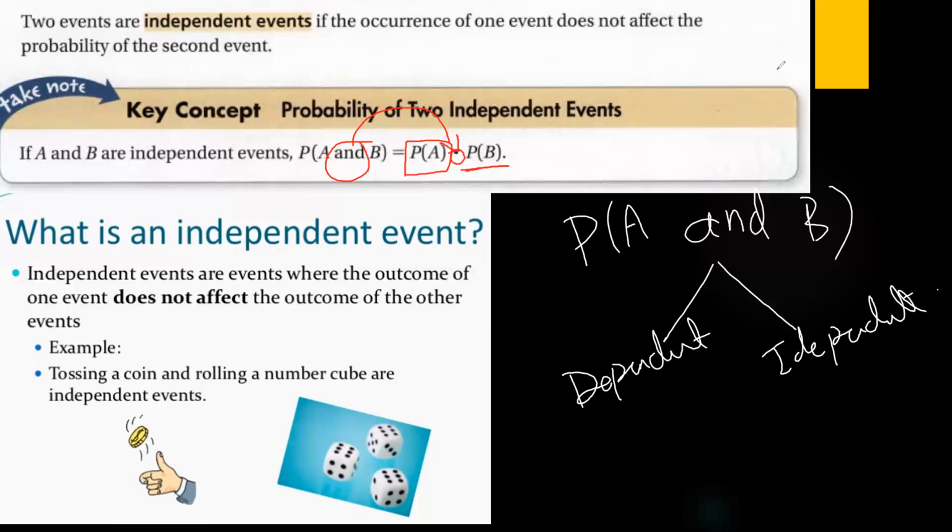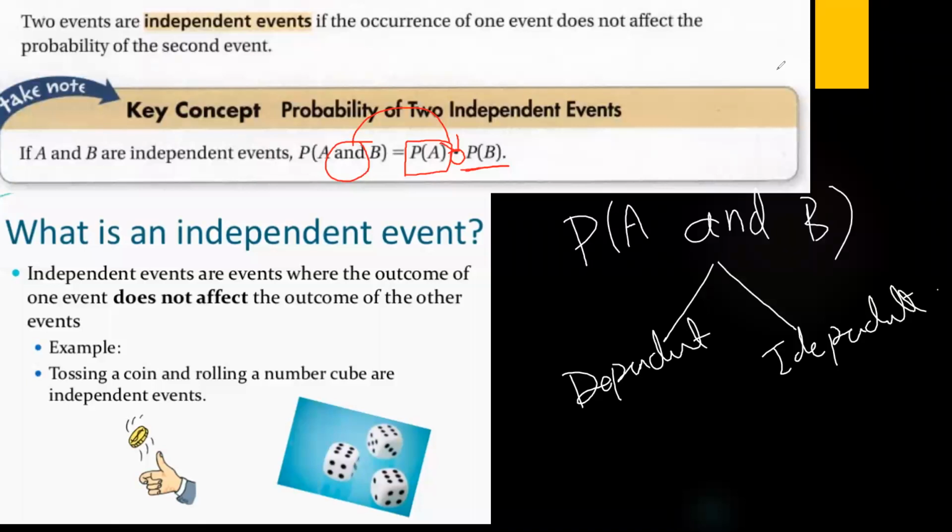Is there a relation between them? No. Does it mean if I choose head, I like science? Or if I choose tail, I like math? No, they are independent events. If I choose science or English, it doesn't affect my choosing head or tail. So they are independent. The formula of independence is the probability of A times the probability of B.